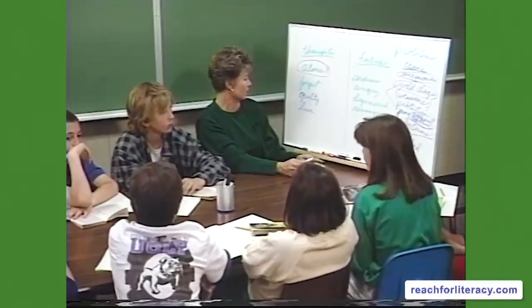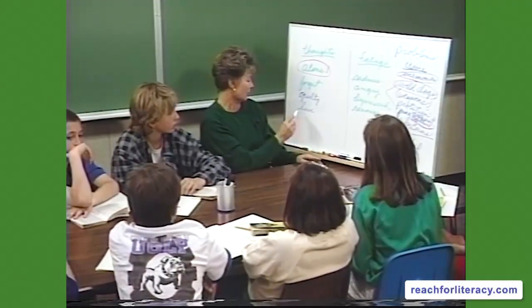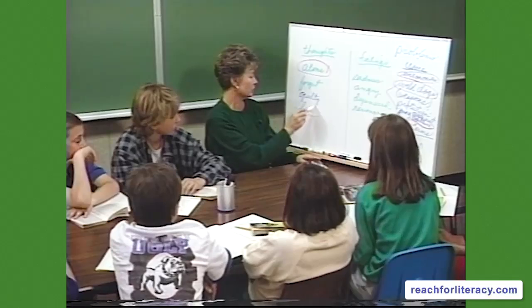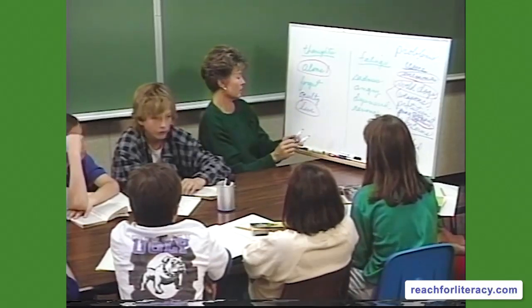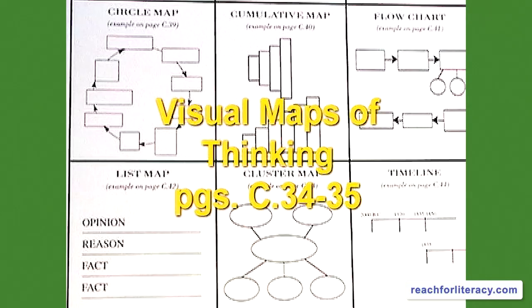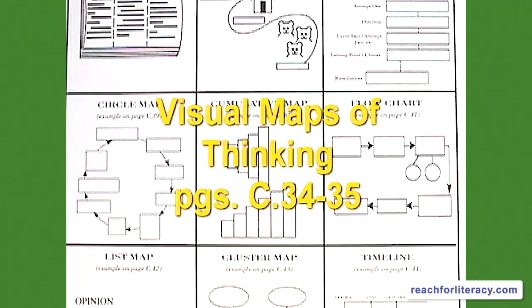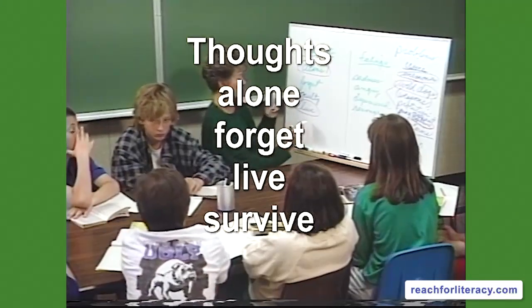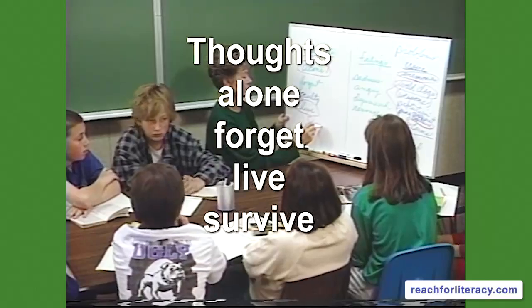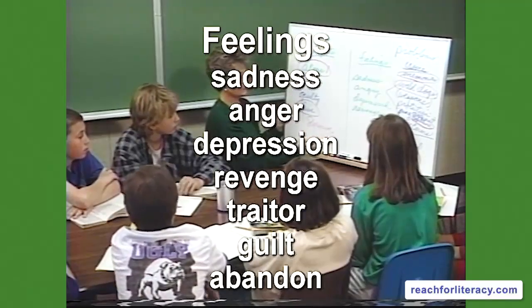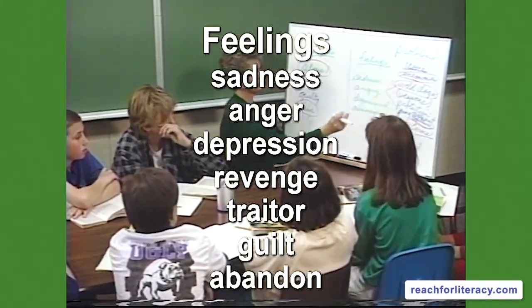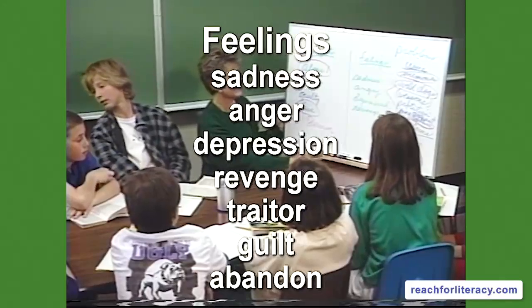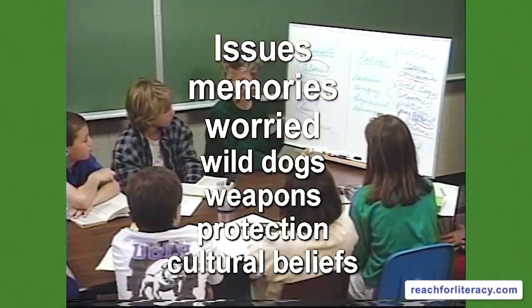The trainer coach focused her questions around Karana's thoughts, feelings, issues, and concerns. The visually mapped responses included thoughts: alone, forget, live, survive. Feelings: sadness, anger, depression, revenge, traitor, guilt, abandon.